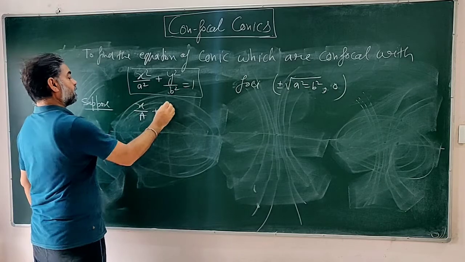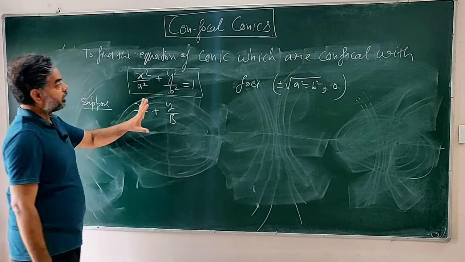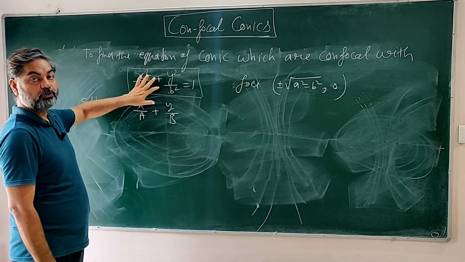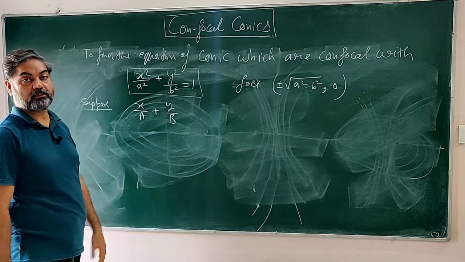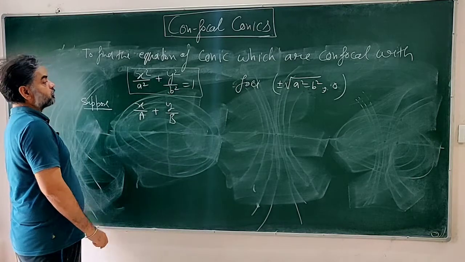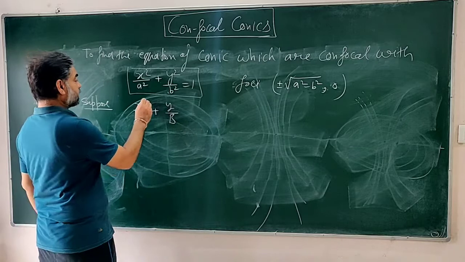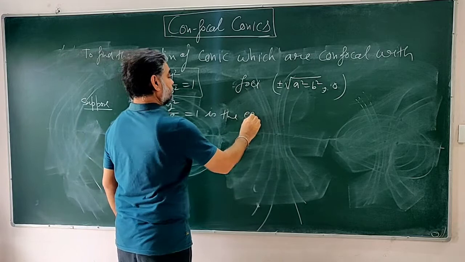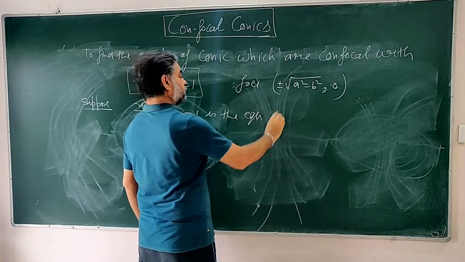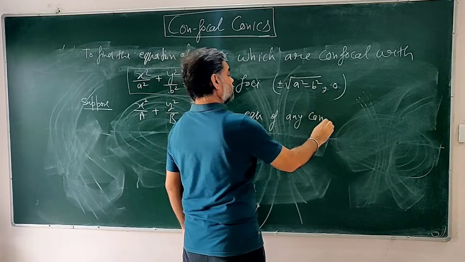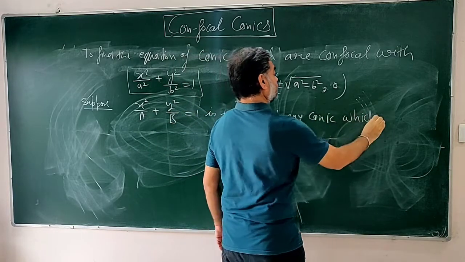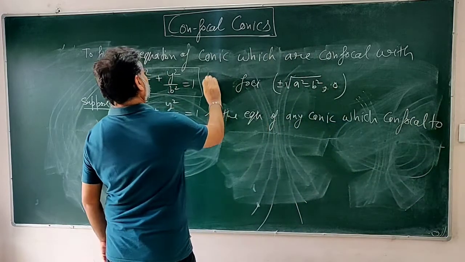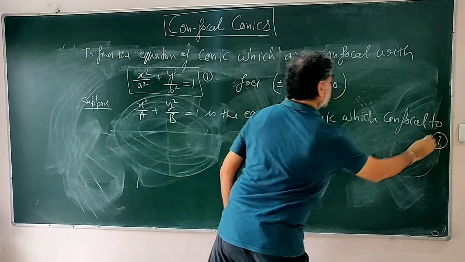Since any conic which is confocal to this conic has the same center and same axis, suppose x square over A square plus y square over B square is equal to 1 is the equation of any conic which is confocal to the given conic.